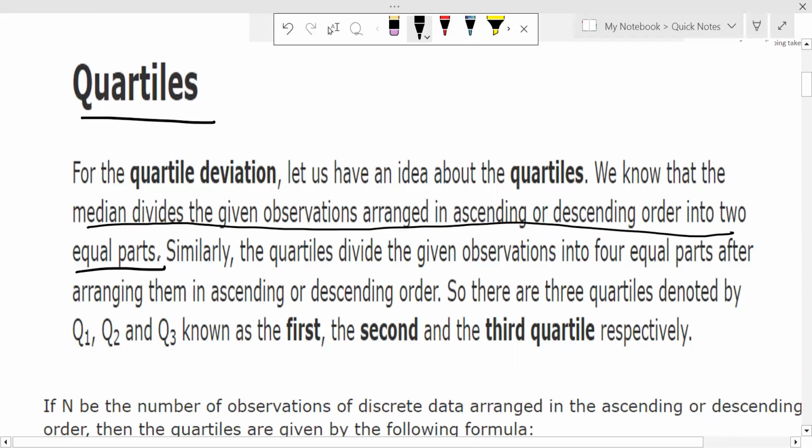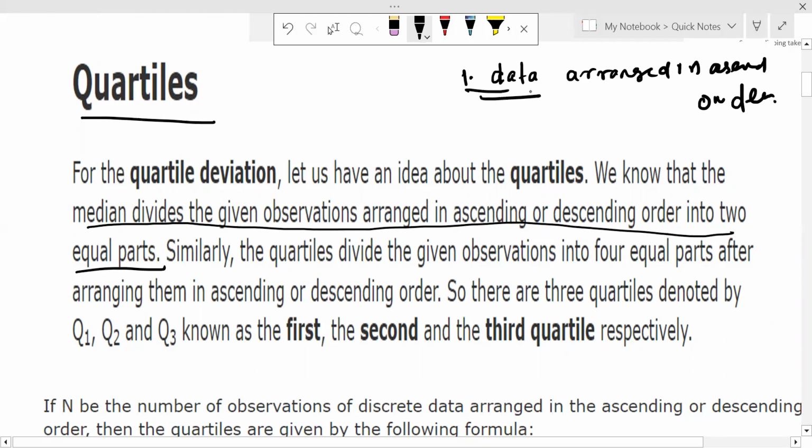That is the median. Step one: first of all, the data is arranged in ascending order or descending order. Then we need to calculate the median.